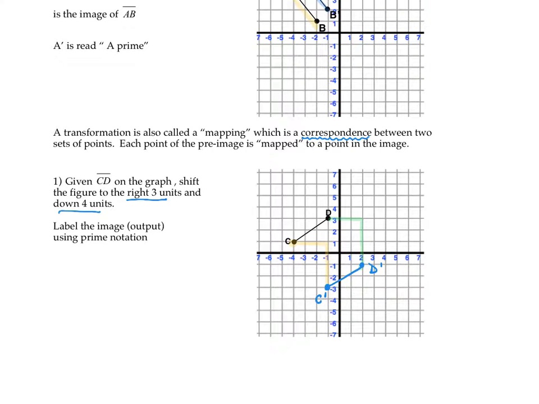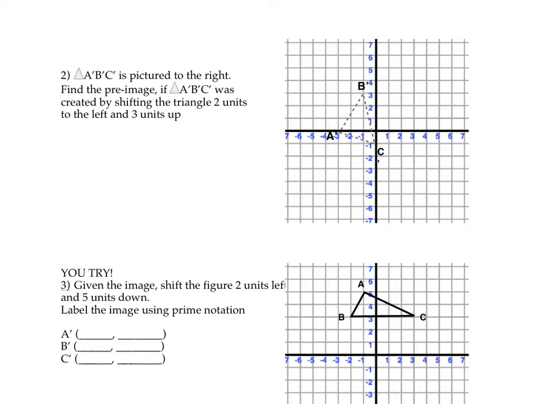So our original line segment, CD, was our input, and C prime, D prime was the output. So the official names, CD was our pre-image, and C prime, D prime is our image. Remember that the image is the result, the pre-image is what you started with.